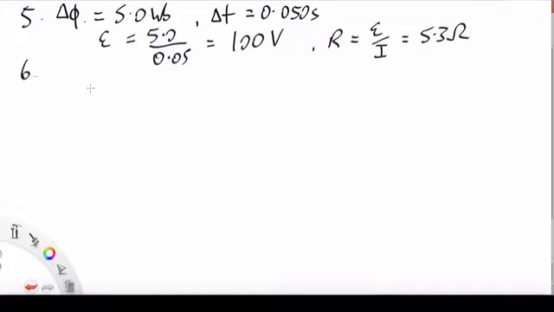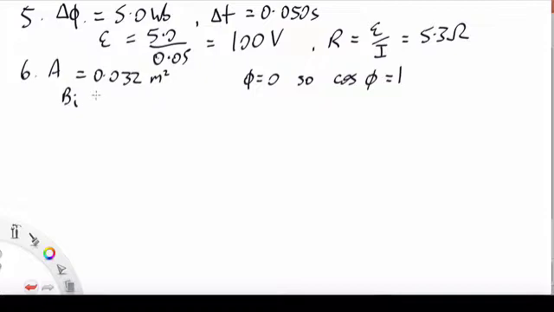Now number 6, we have the area is 0.032 square meters. We have an angle of 0, so cos of that is 1. We have an initial field of 1.5 Tesla, and then it changes to 0, so the change in B would be 1.5 Tesla in size.